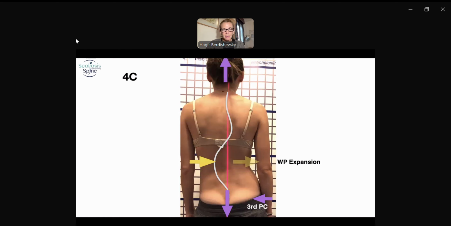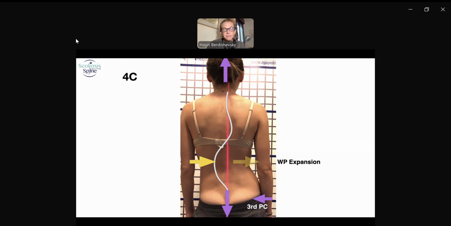So we see here a 4C patient. She will start to move her pelvis from the right, third pelvis correction, towards the center. Keep it there. Always elongation, axial caudal elongation.